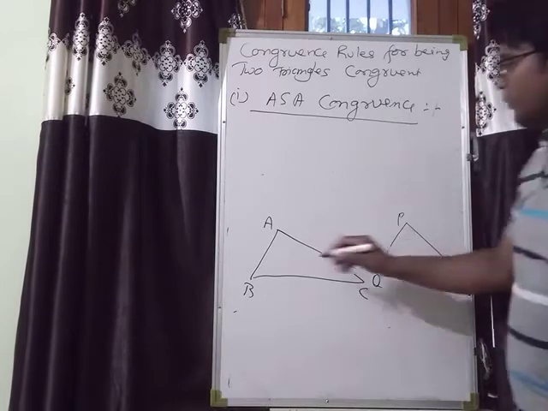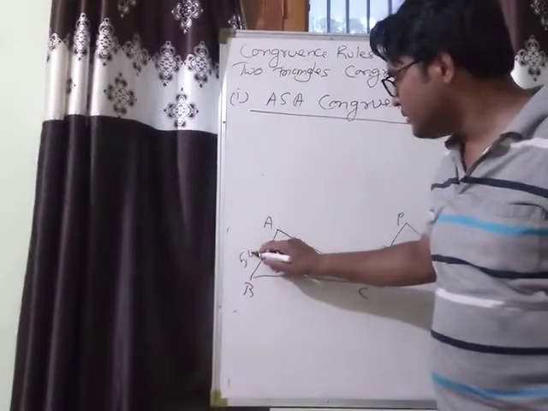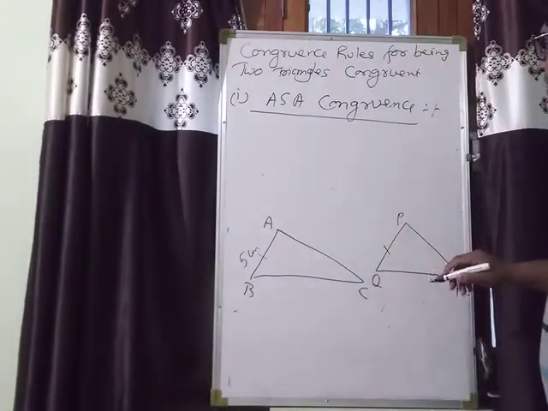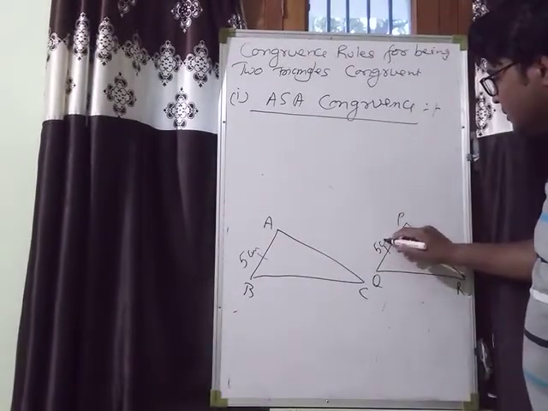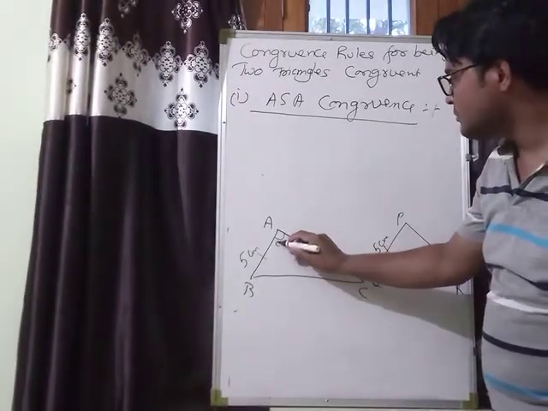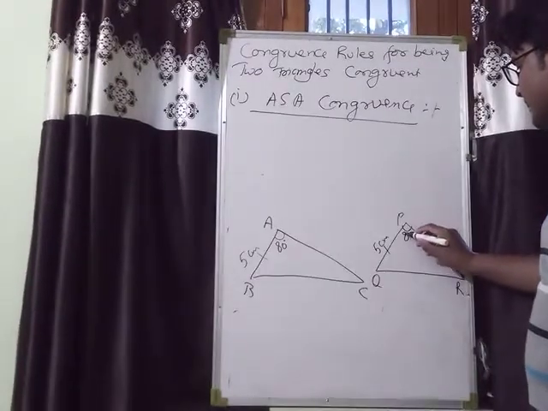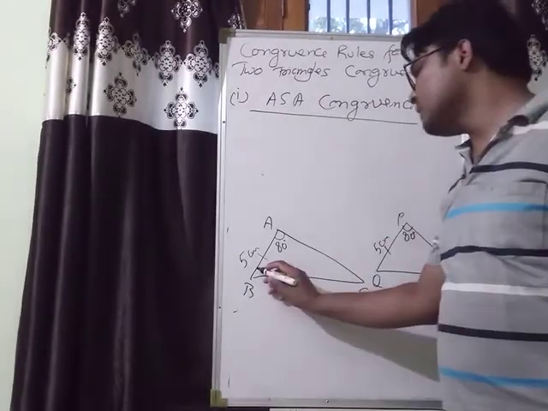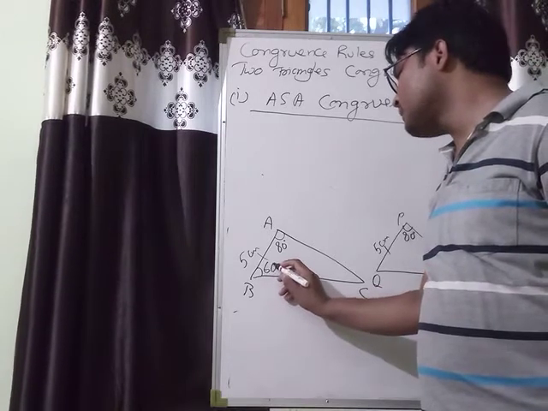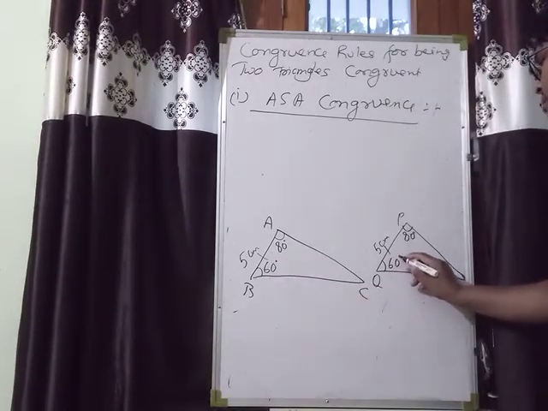When AB is equal to PQ, suppose this is 5 centimeter, this is also 5 centimeter, this angle A is 80 degree, this angle P is 80 degree, and this angle is 60 degree, this angle Q is also 60 degree.